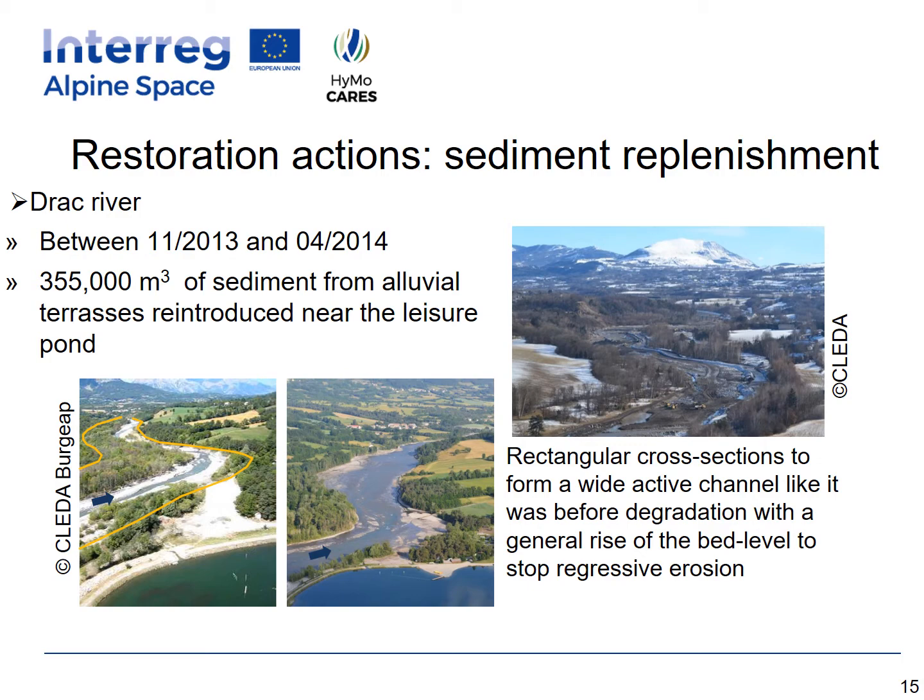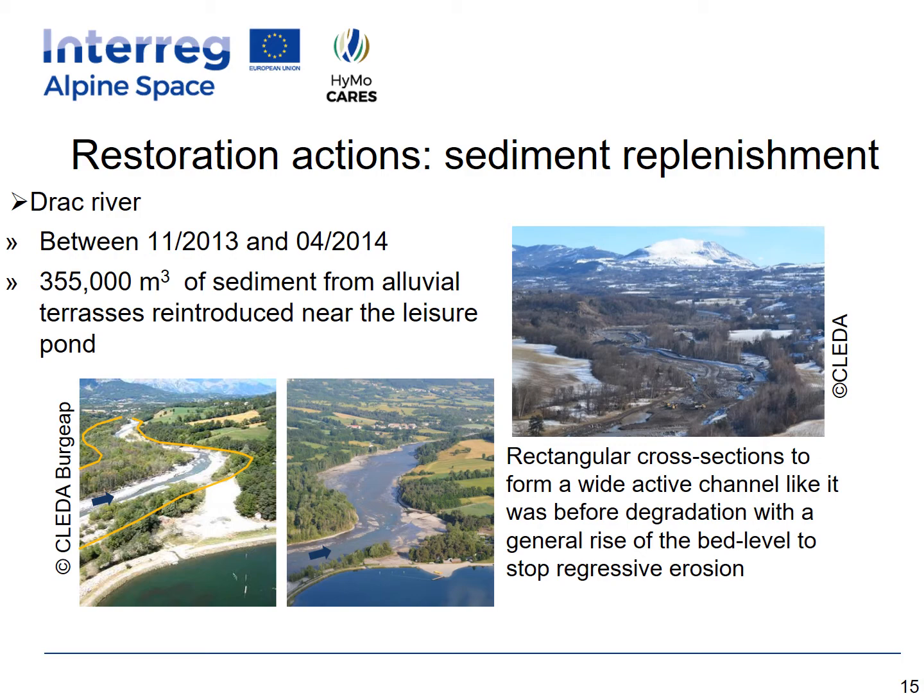These works were funded and supervised by the French Water Agency, the local basin authority, Communauté de communes du Champsaur, the Hautes-Alpes Department, the Provence-Alpes-Côte d'Azur region, and the European Union, with a total cost of about 5 million euros.